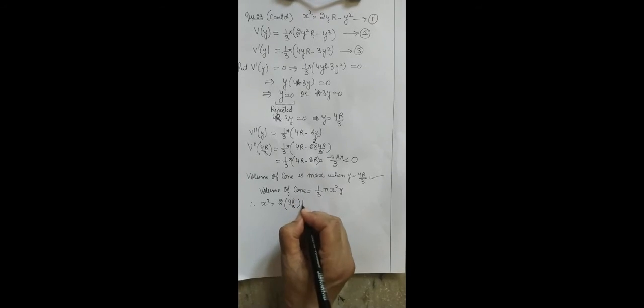So from here I will put the value of y and find the value of x square. So now x square will be equal to 2 into 4r upon 3 into r minus y square. It is 16r square upon 9. Which will give me 8r square upon 3 minus 16r square upon 9, which after taking LCM and simplifying gives me the result 8r square upon 9.